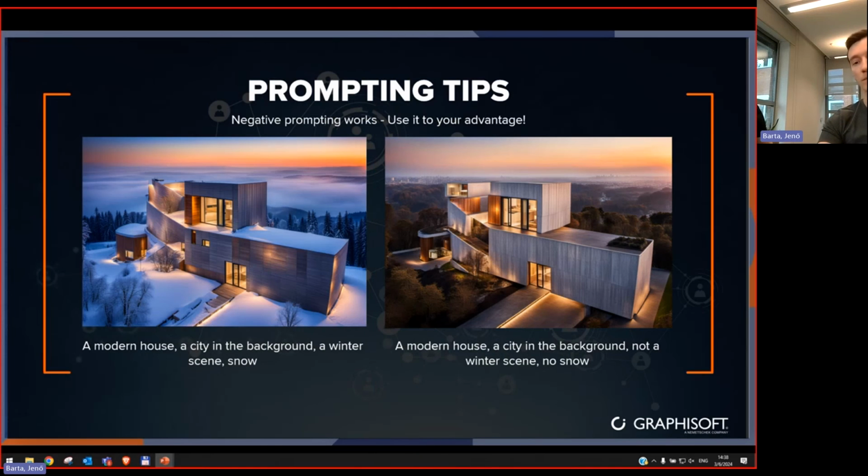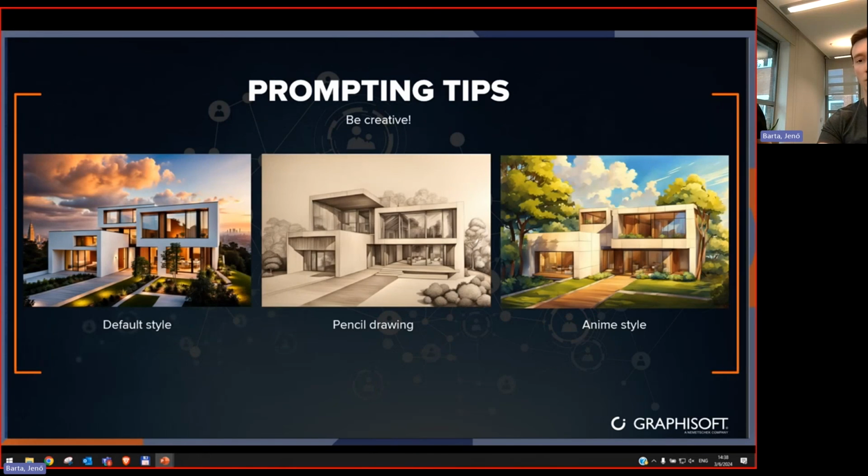Yes, and I think the next part, where we talk about how you can be creative, is also a very interesting part, because here you used quite a few interesting styles of how you can visualize the results. The default setting of AI Visualizer is to provide photo-like results, right? Like the default styles, renders. And what we usually recommend is pencil drawing, oil painting, and this artistic style. But here we have a funny example, like anime style. And as you can see, the sky and the trees are really nicely incorporated from anime.